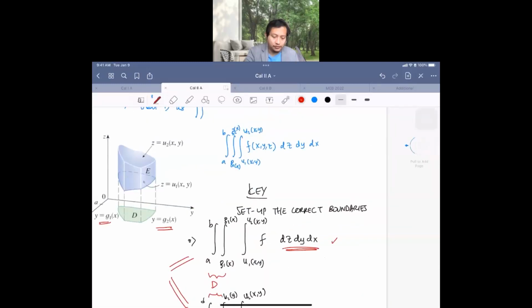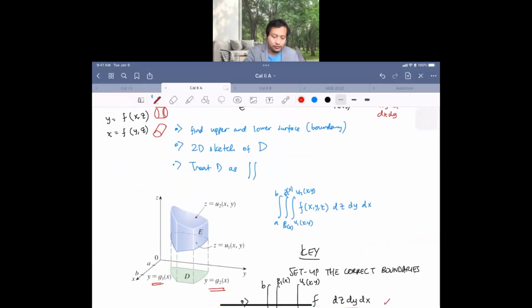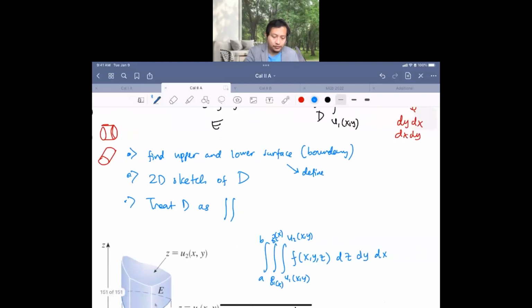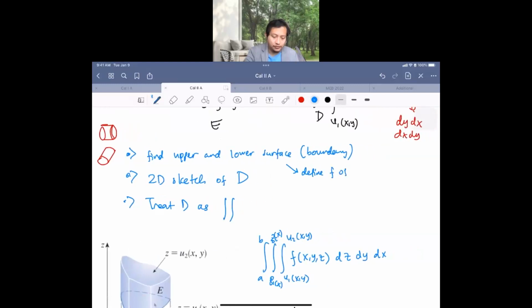So maybe another key is, I think these three are just enough for the triple integrals. Find the upper and lower surface, which means define the function of two variables. Is it xy? Is it yz? Is it xz?